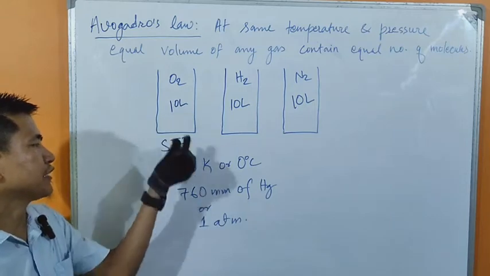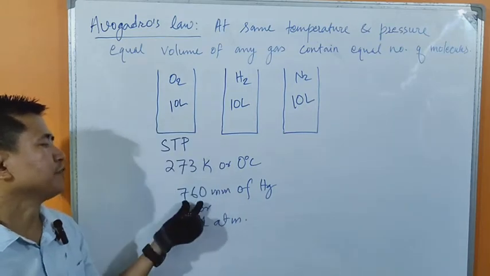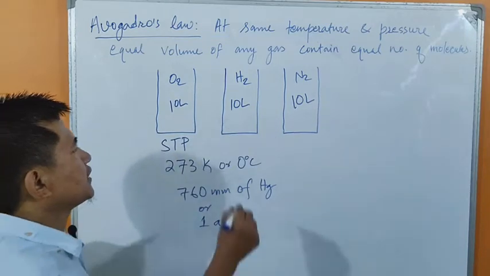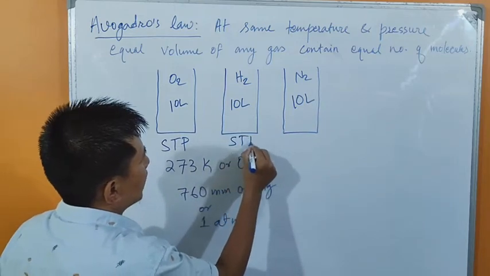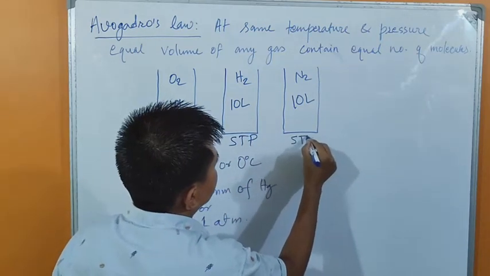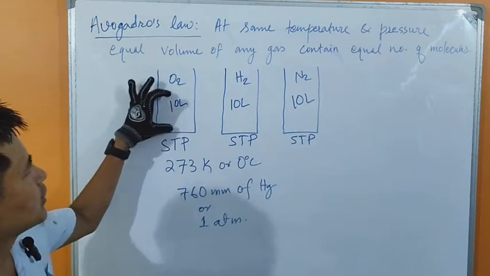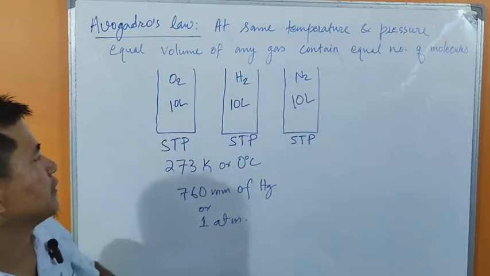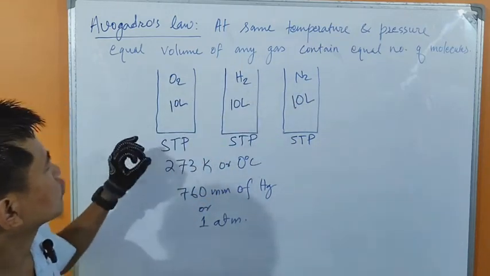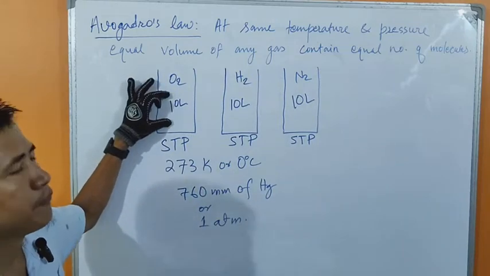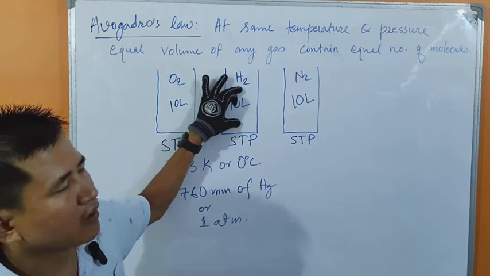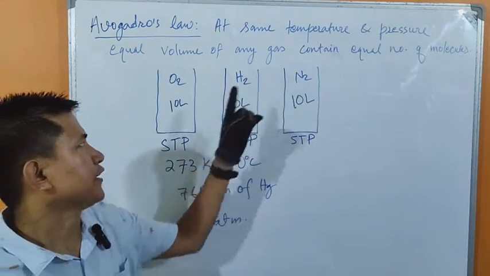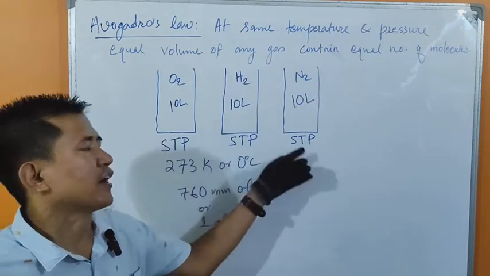The temperature of the first cylinder is 273 Kelvin, and the pressure is 760 mm Hg. The second cylinder is also at STP, and the third is also at STP. This means the temperatures are equal, 273 Kelvin each, and the pressures of all the cylinders are also equal, 760 millimeter of mercury column. Though the gases are different, volume, temperature and pressure are equal.